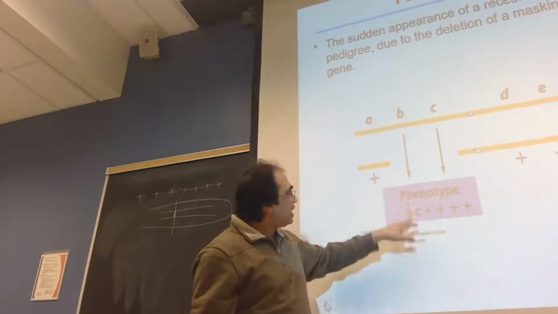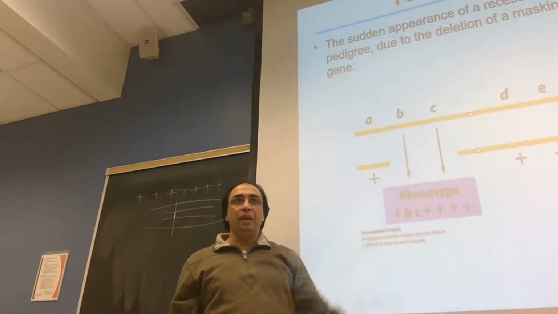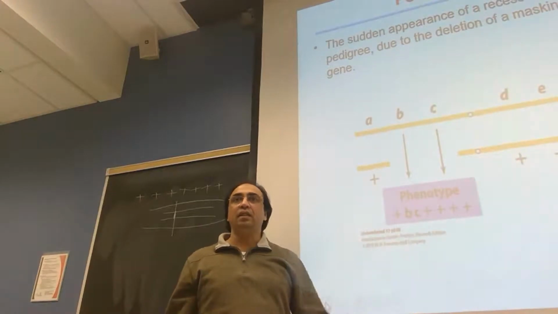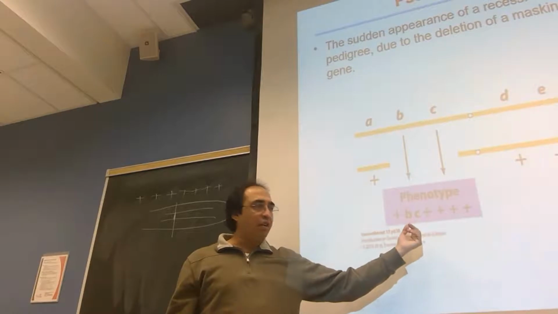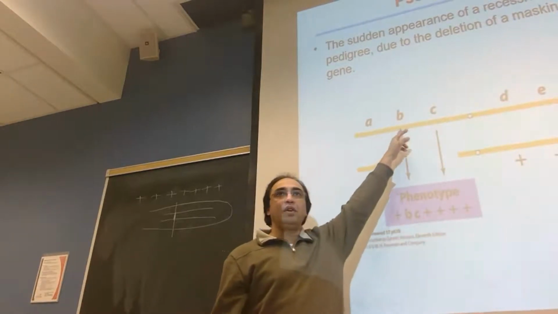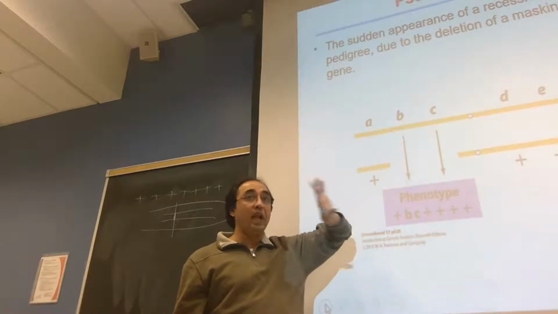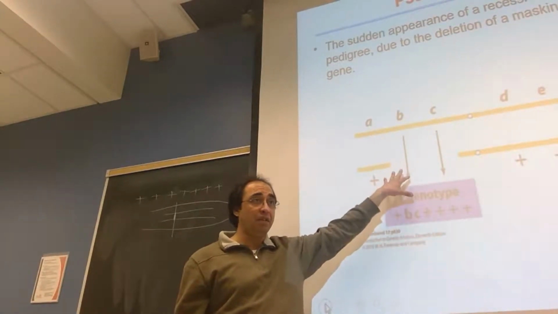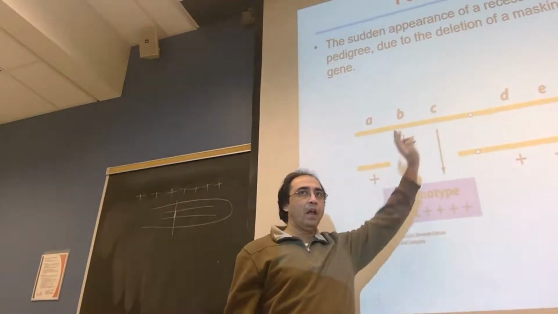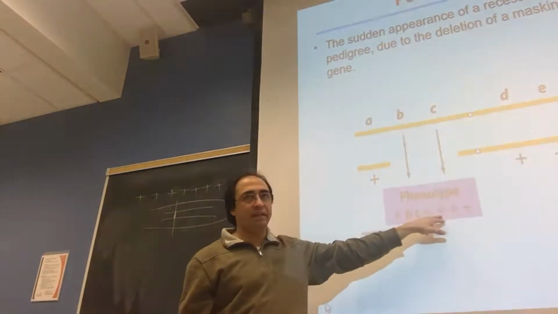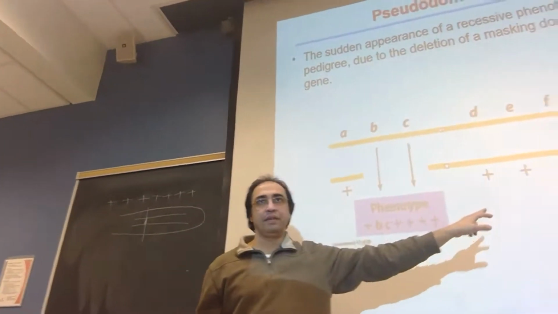If there is a deletion covering the B and C genes, the wild type genes are not there. If the wild type genes are not there, then B and C don't have any wild type gene to protect them, so they will express. The phenotype will be plus, b, c, and all plus.